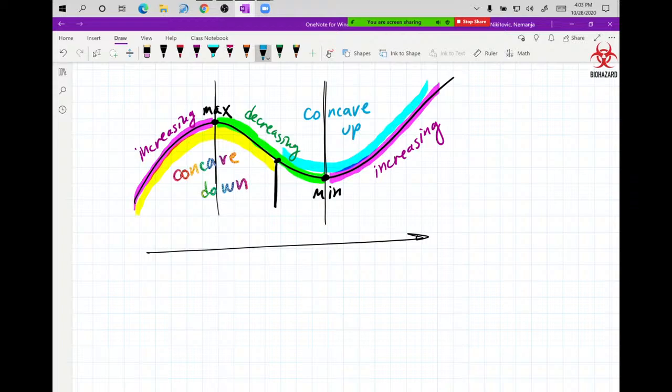And the yellow one, which opens down, is like when you put the glass upside down, it will spill the water that is inside the glass. And those are the two concepts that we are after today. Increase and decrease in the first derivative test, and concavity, concave up and concave down, in the second derivative test, which is enough for us to, in most cases, analyze any function and learn all we want to know about the situation.